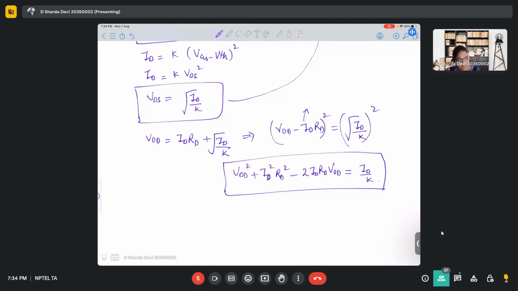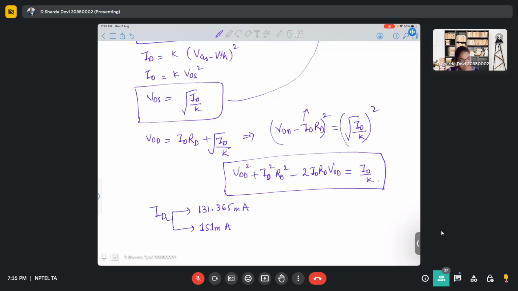Since it is a quadratic equation, we'll get two values, and the solutions that we get are 131.365 milliamperes and the other solution is 151 milliamperes.